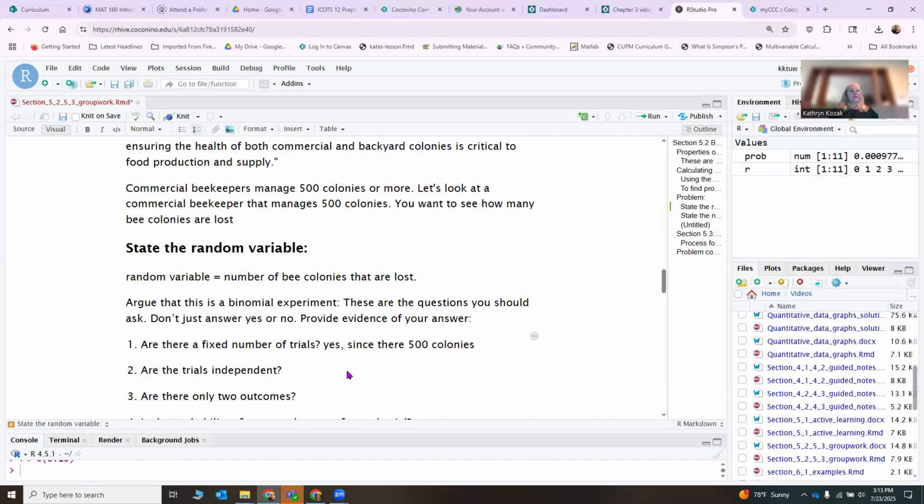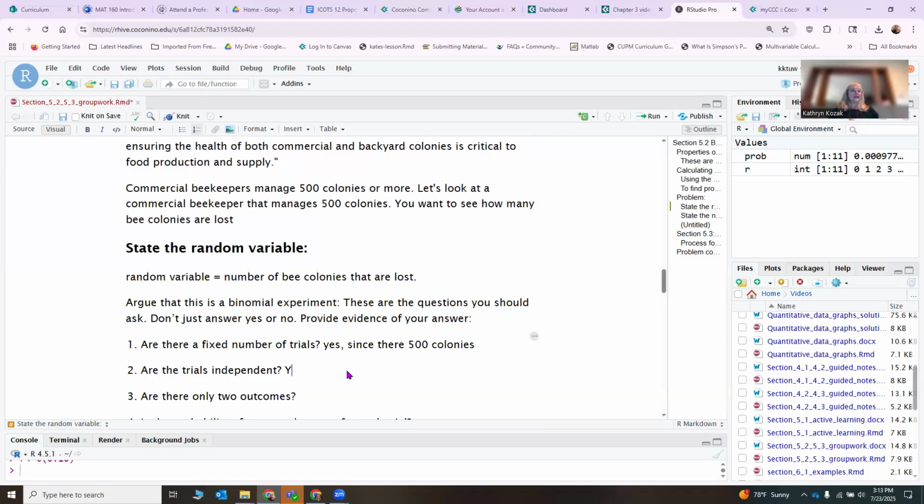And then we want to know if they're independent. Well, this is a little questionable because if they're one beekeeper's colonies, then one colony may actually affect how another colony is. If the beekeeper is not a good beekeeper, that might affect whether or not the colony survives. If one bee colony gets a disease, it could give it to the other bee colony. So there's some questions about whether or not this is independent.